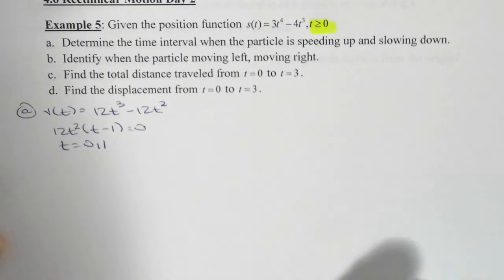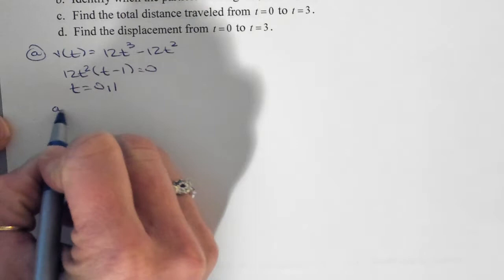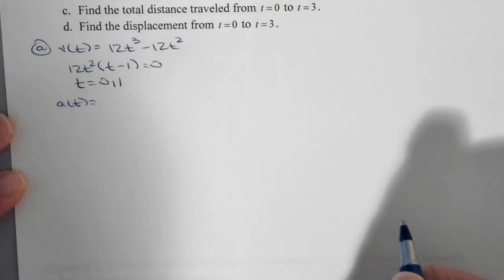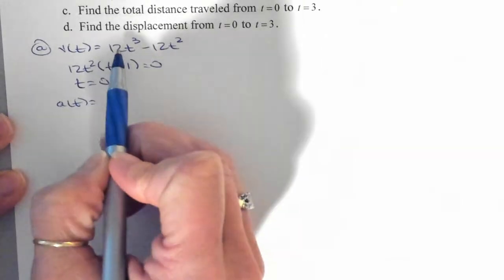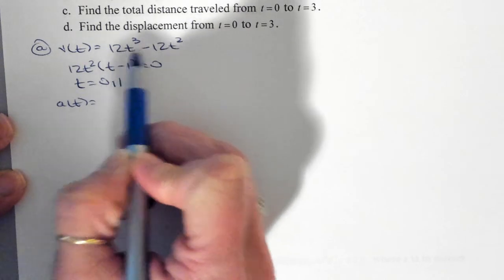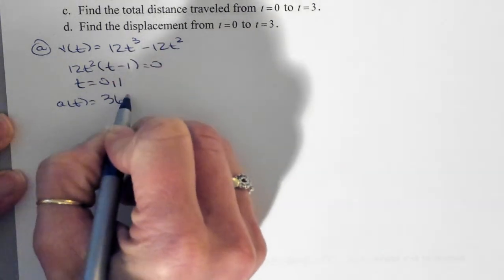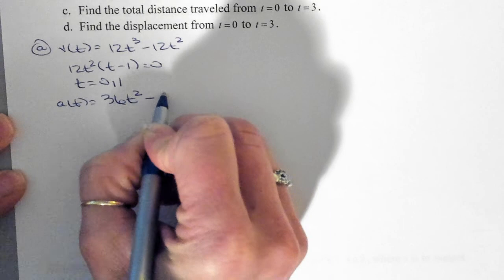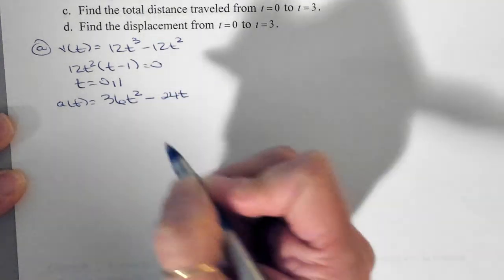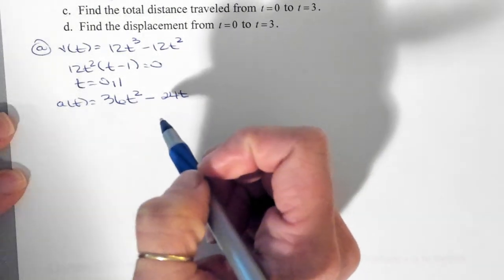On the left. Okay, then I need my acceleration function. What is that? 36t squared minus 24t. Okay, so I need to set this equal to 0. Can I factor anything out?